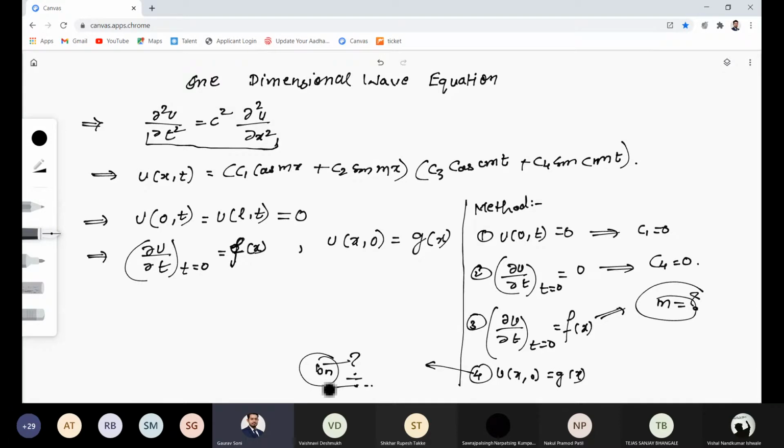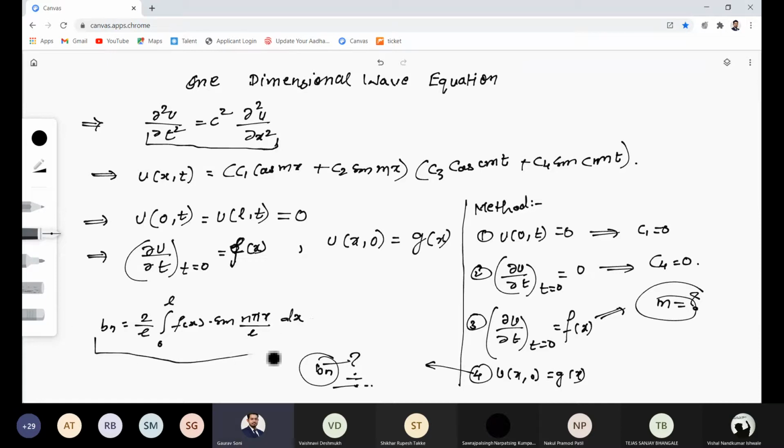Okay, so this was the complete procedure. 2 examples we have already solved. In one example, the idea was to use Bn = 2/L ∫ from 0 to L of f(x) sin(nπx/L) dx.